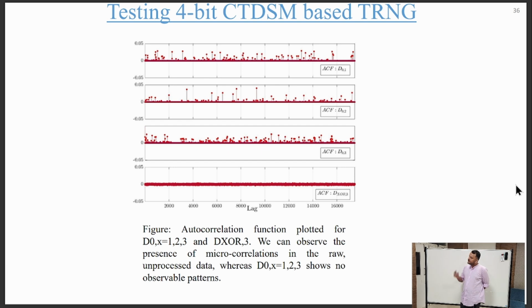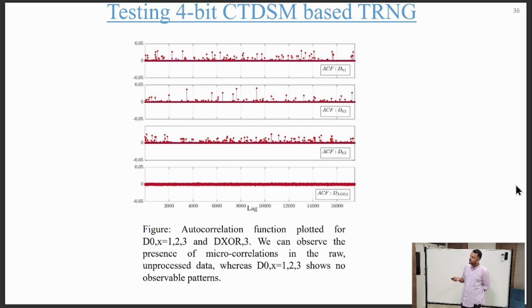So finally, we tested our output samples from our TRNG. We used 3 different instances of CTDSM and the XOR of those instances. We can see the autocorrelation factor is very close to 0 at all the lag values in all those 3 instances. There are some micro correlations, but those are also mitigated after the post processing, and we get autocorrelation values tightly packed very close to 0 at all the lag values.